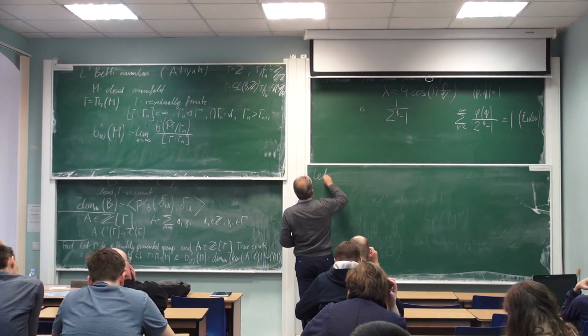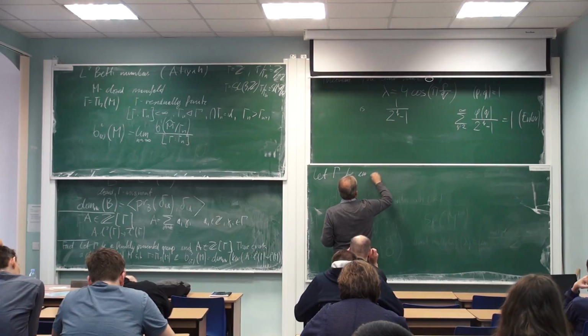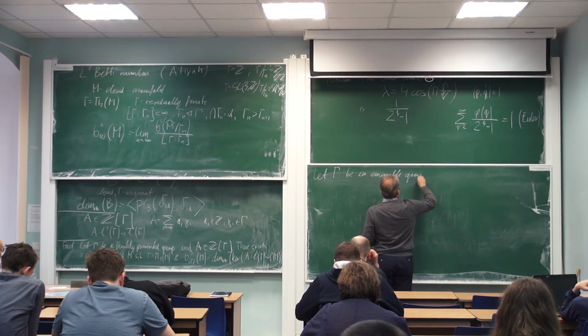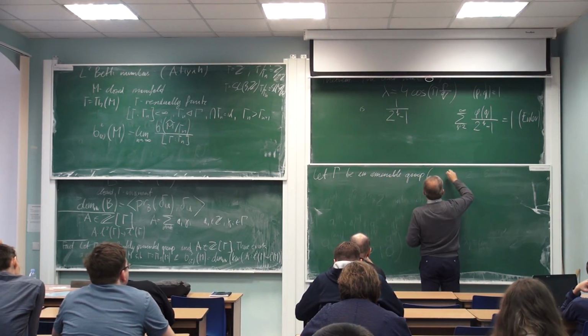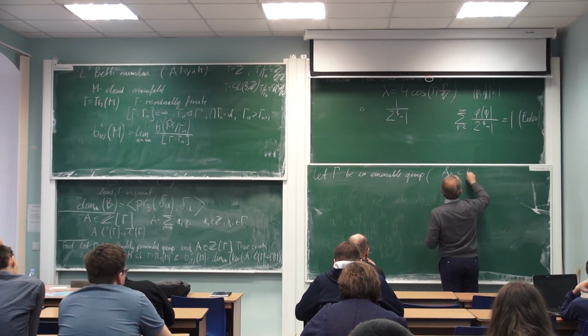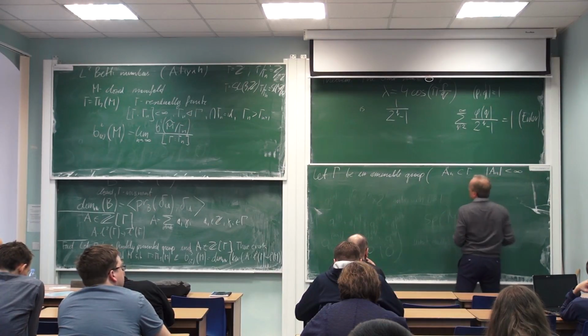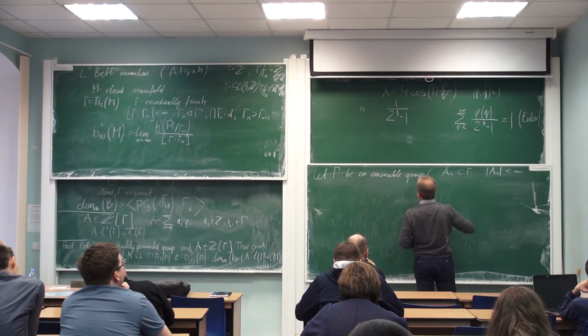So let gamma be an amenable group, which means that we have a sequence of finite subsets A_n in gamma that are more and more invariant under translations.